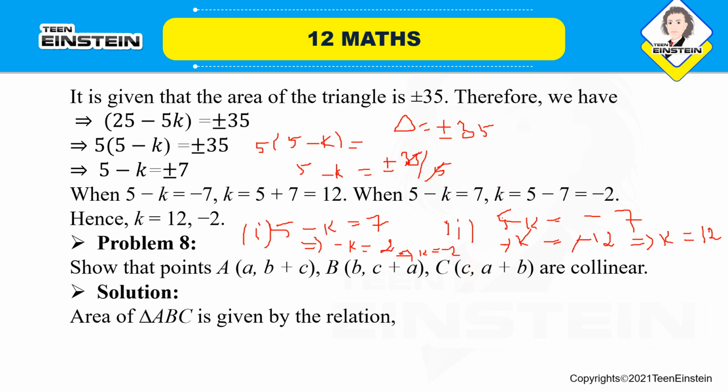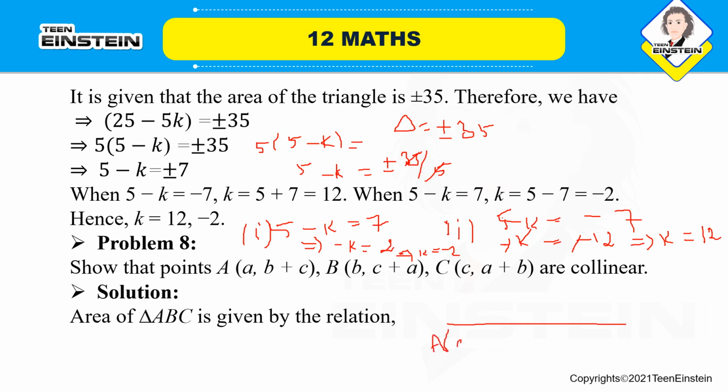Show that the points A of A comma B plus C, B of B comma C plus A, and C of C comma A plus B are collinear. So it's a show that type problem. Okay. Here we have to show that the 3 points are given.